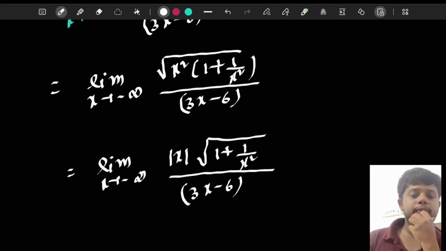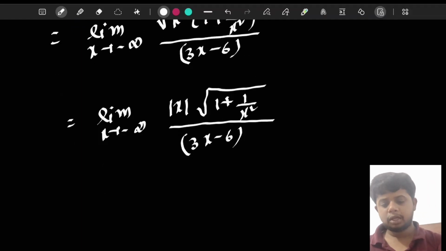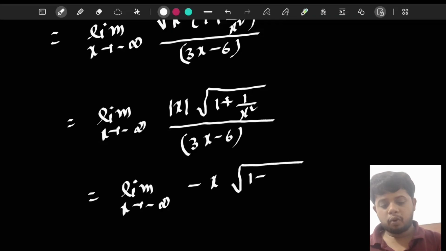Now large number from the left side, the mod x will come minus x, since x is negative. That means it will come limit extending to minus infinity, minus x under root of 1 plus 1 by x square upon 3x minus 6.